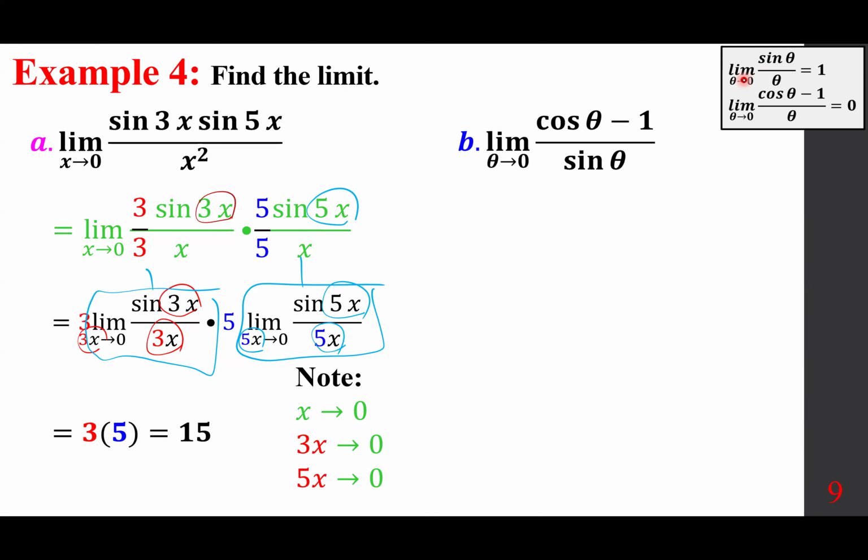All right, we are going to move on with this piece. The limit of cosine theta minus 1 over sine theta as theta approaches 0. It's none of those, but there's a trick involved. We recognize this one if it had a denominator theta. The same thing here. Let's divide the top and the bottom by theta.